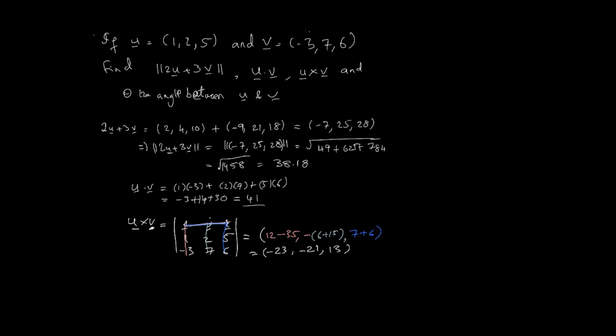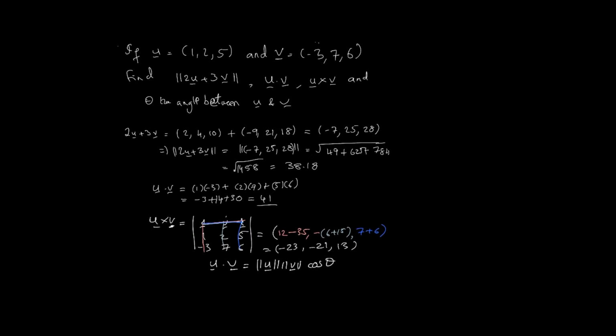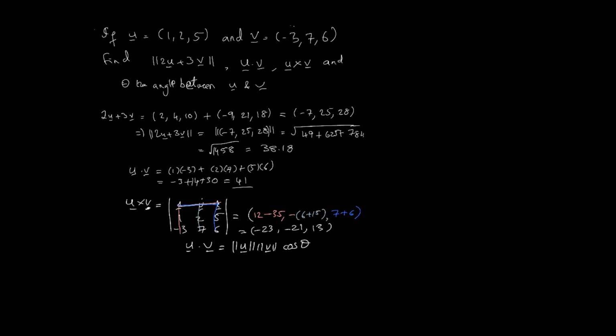Okay, to find the angle between u and v, we're going to use the fact that u dot v is equal to norm u, norm v, cosine theta. Now, that means basically that we already have u dot v, but we need to find the norm of u. So let's do that on the side here.